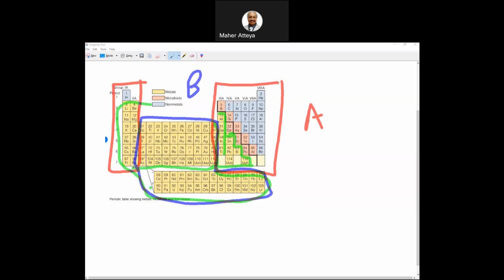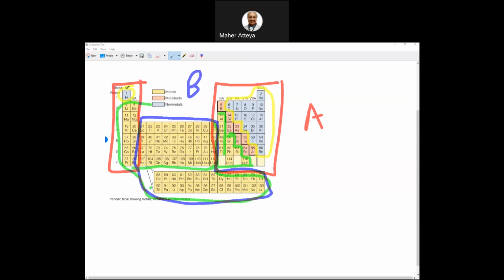The non-metals are just very few of them here. I have another color for them. Those are, and the hydrogen here. So those are non-metals with yellow highlight.